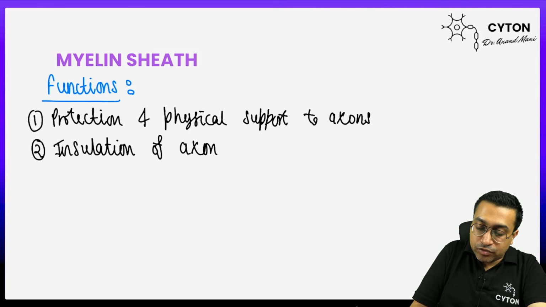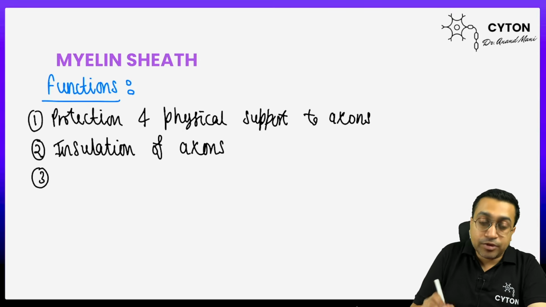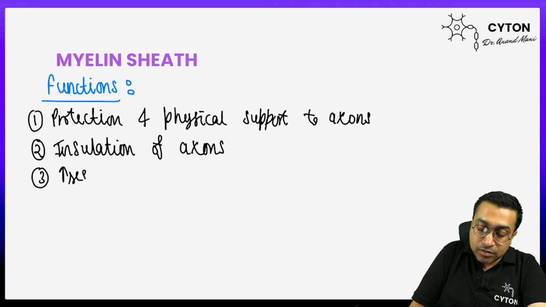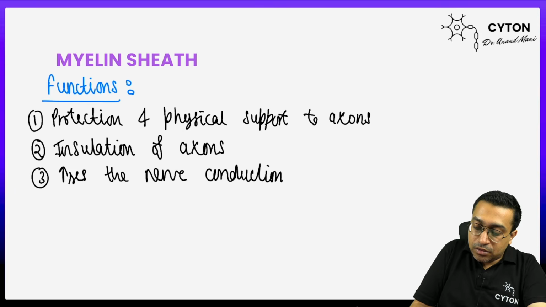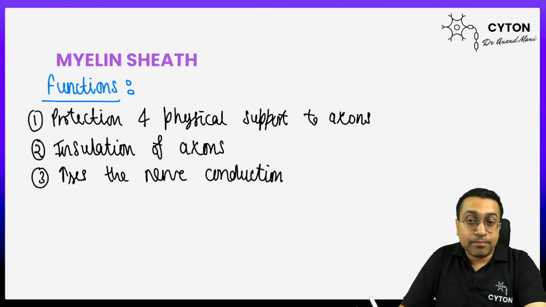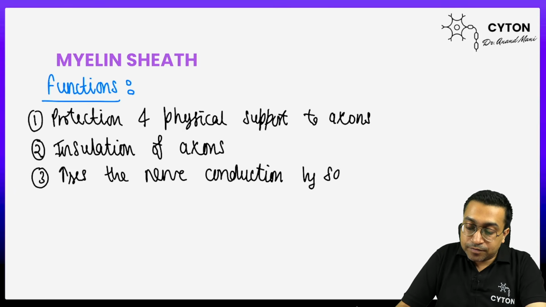Number two, insulation of axons. Number three, increases the nerve conduction by saltatory conduction, which we just mentioned.